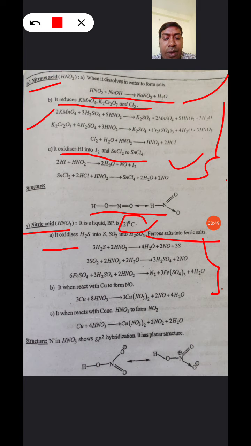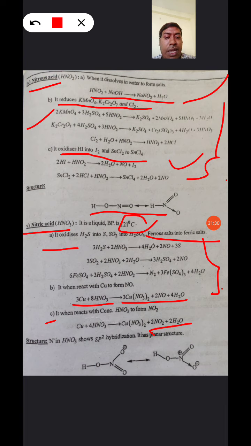And when it reacts with copper to form NO, 3 moles of copper react with 8 moles of HNO3 and form copper nitrate as well as nitric oxide. And copper reacted with concentrated HNO3 forms NO2, nitrogen dioxide.